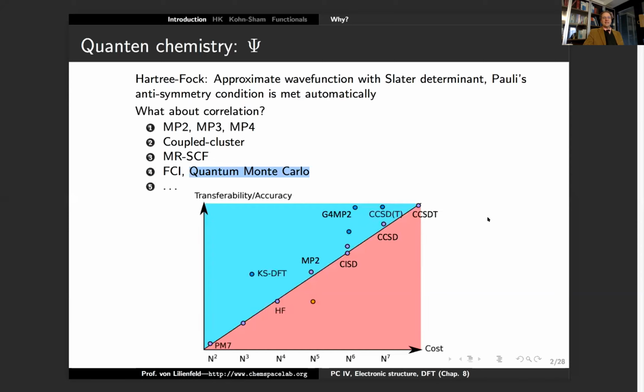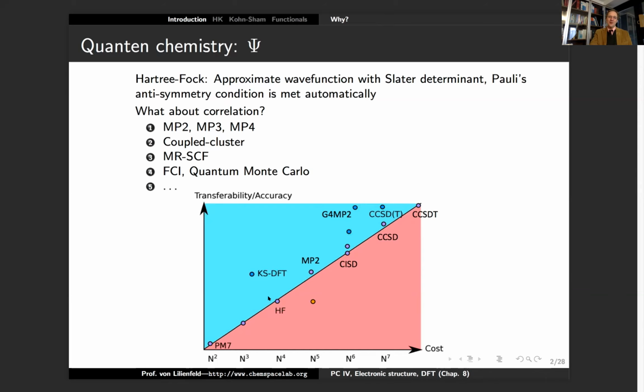Now, what you can see also here in this figure is a dot for what is known as Kohn-Sham DFT, KS DFT. And you see that it is well above the diagonal line. And so this looks like a free lunch, right?